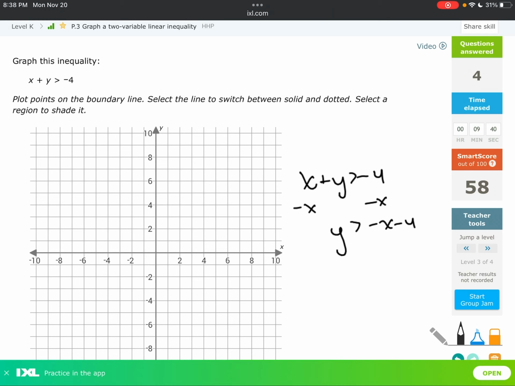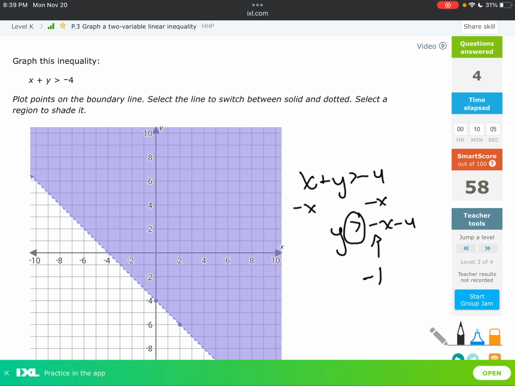I can then graph my intercept and my slope. If there's no number here, there's an invisible 1. So it means I'm going to go down 1 to the right 1, down 1 to the right 1. Make sure it's an open line, and it says y is more than, so I'm going to shade up.